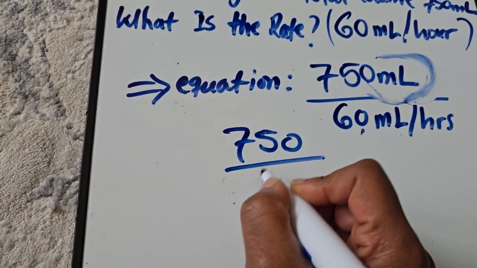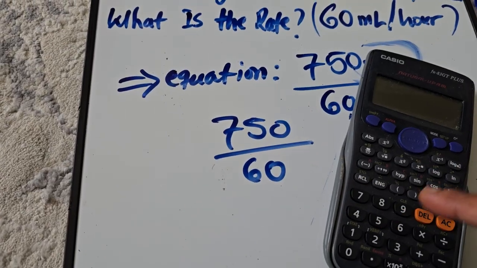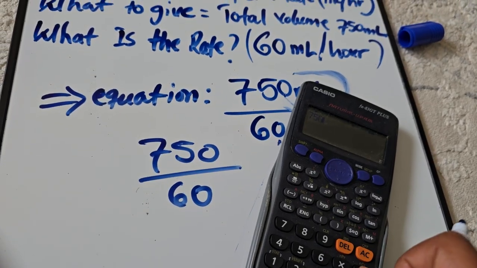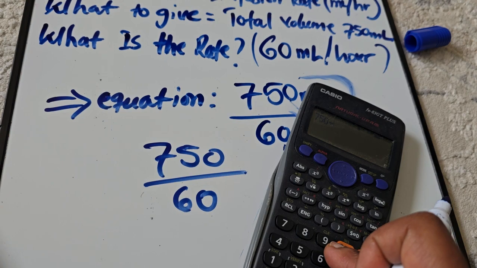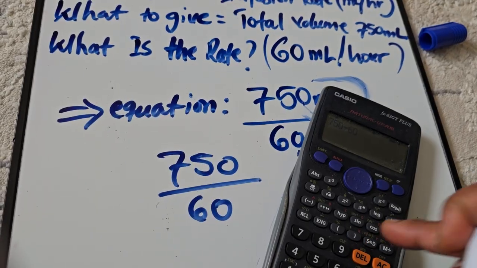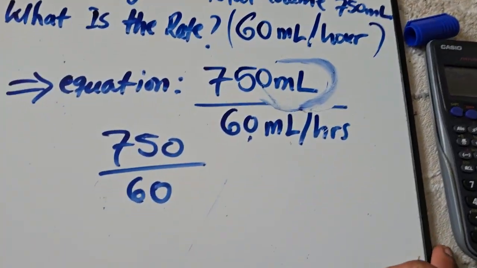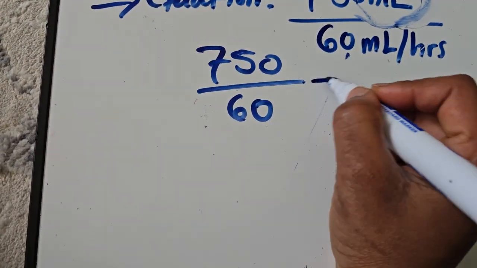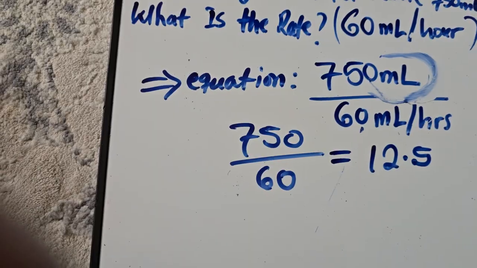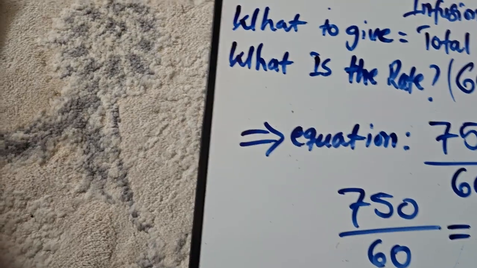So 750 divided by 60 will give us a total of 12.5. So we've got 12.5 hours.